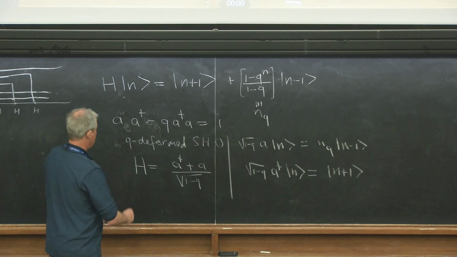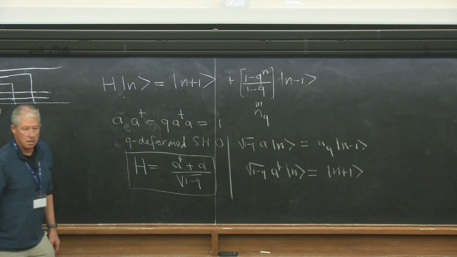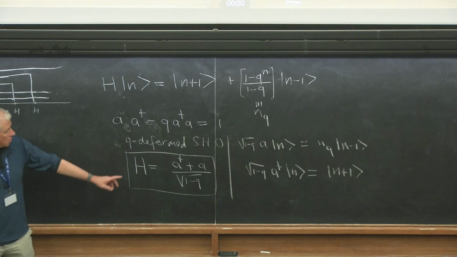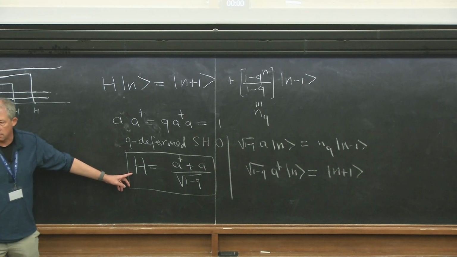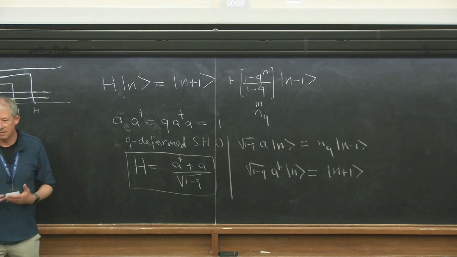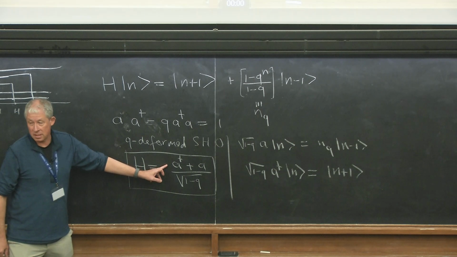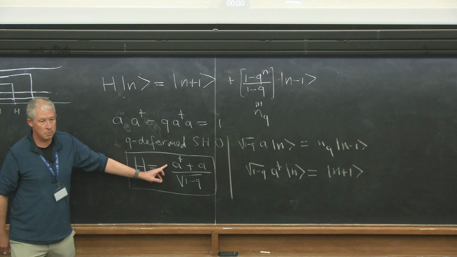However, as I said, H looks like this. So I'm not going to be solving for the spectrum of the usual simple harmonic oscillator Hamiltonian, which would be A dagger A. I'm going to be solving for the spectrum for the operator that's the analog of X, of the position operator of the harmonic oscillator.